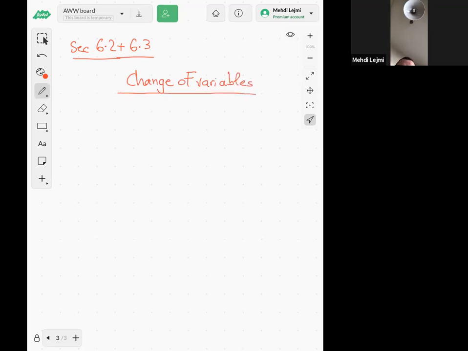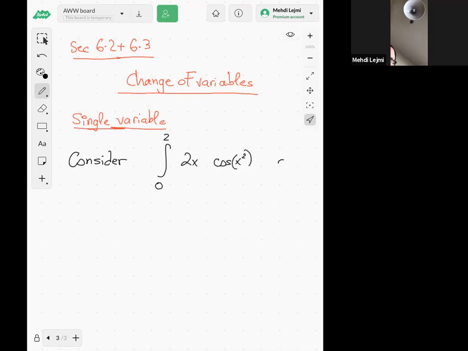So let me start with the single variable. That's something that you really know by heart, I guess. For a single variable, change of variable would be just a substitution. So for example, let's say you have this integral from 0 to 2 of 2x cosine of x squared dx.